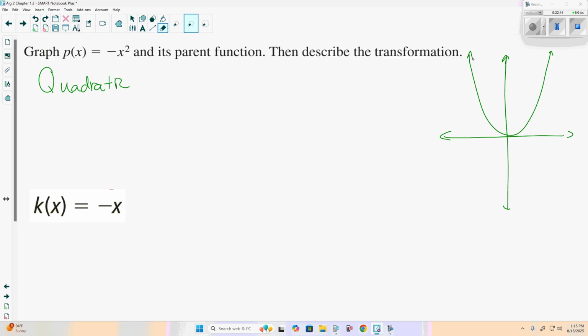Quadratic is this U-shaped graph. This is our f of x equals x squared. This is the parent function. Now we can see here, as we just talked about, our general form, a times x minus h squared plus k.